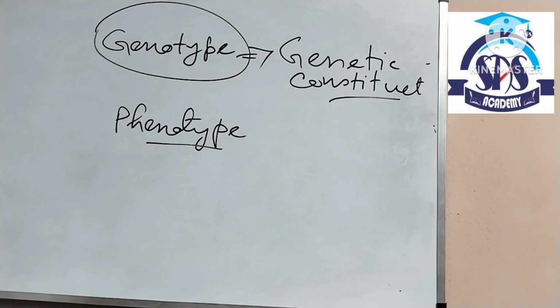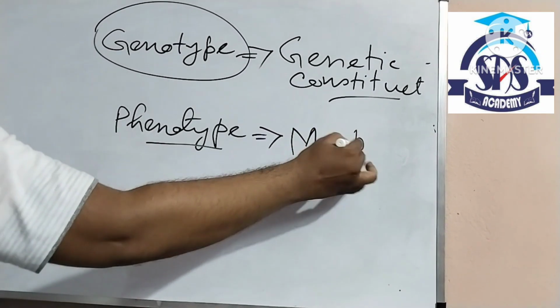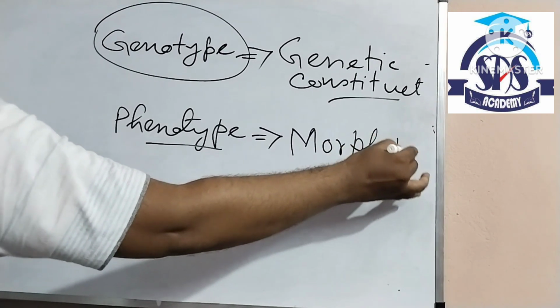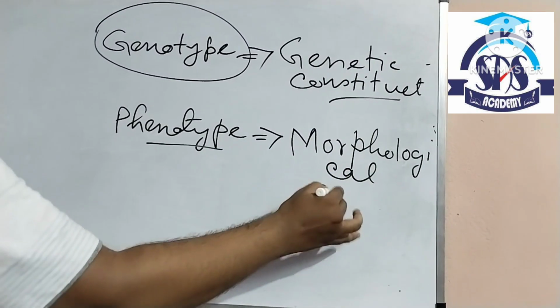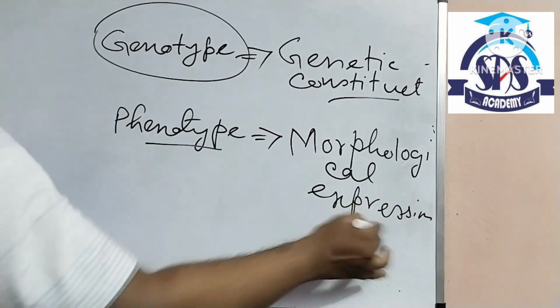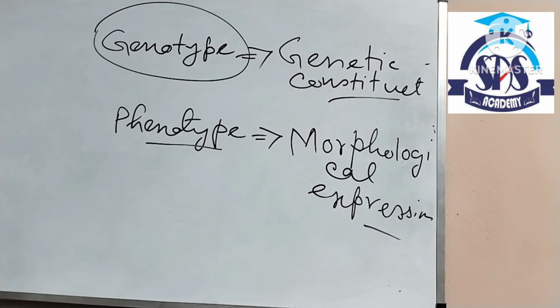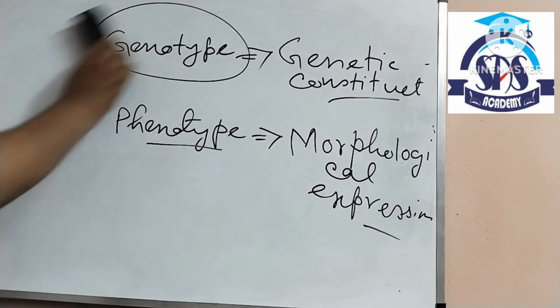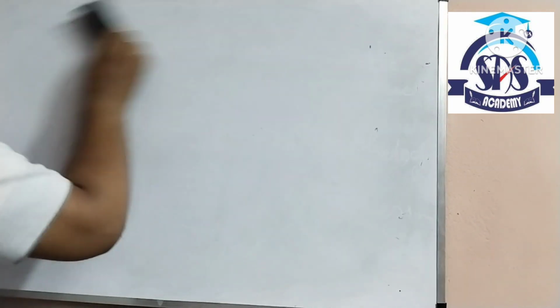The morphological expression of an organism is called phenotype.